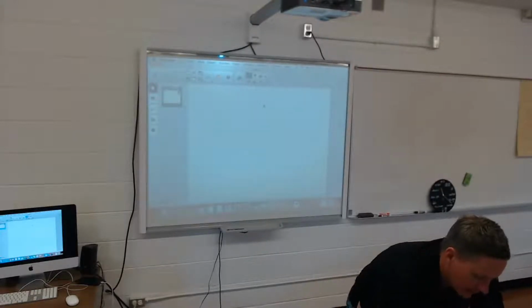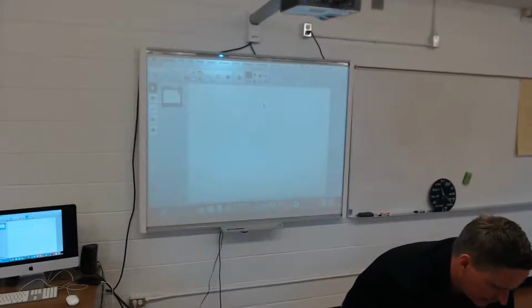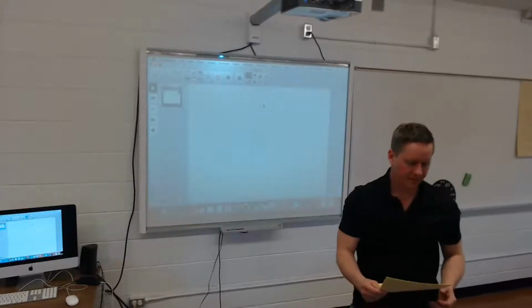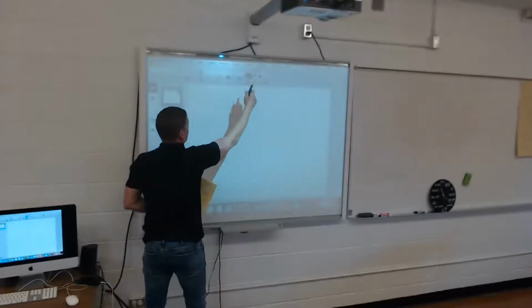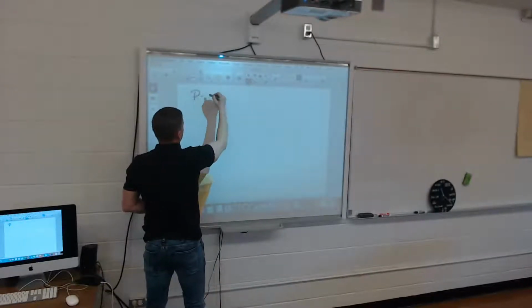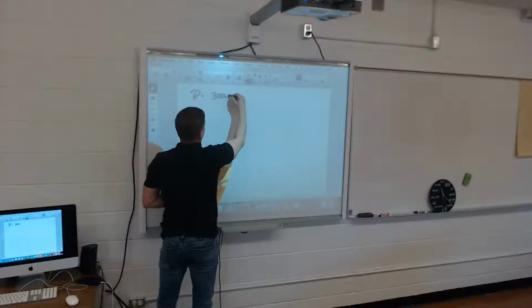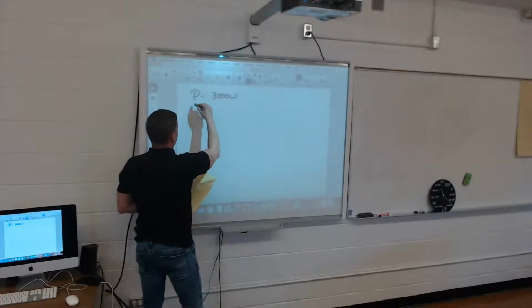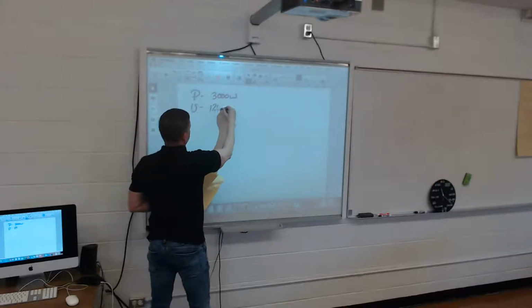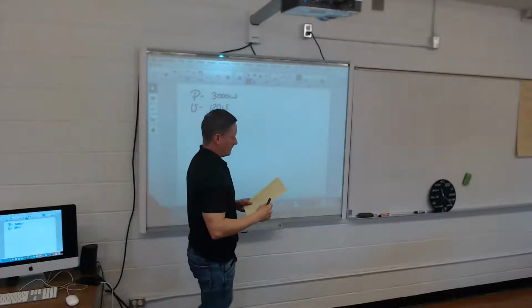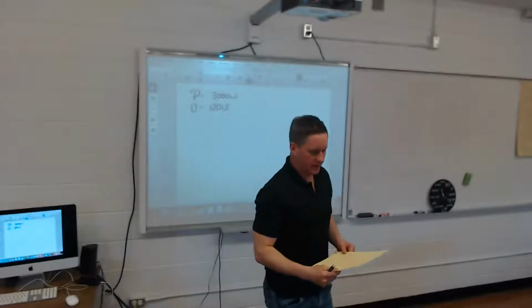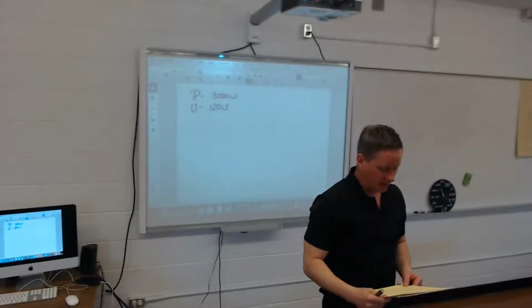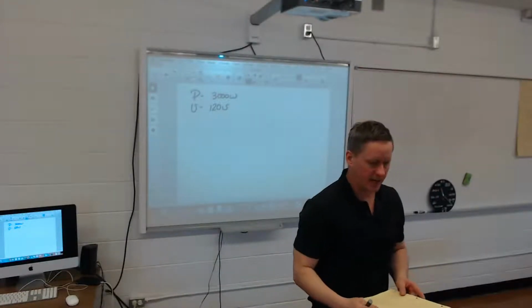No worries. Okay. So the heating element in a broiler dissipates 3 kilowatts of power. I'm going to change power, so that's 3,000 watts. It is connected across a 120 volt line, and it wants us to find the current. What is the current in the heating element?